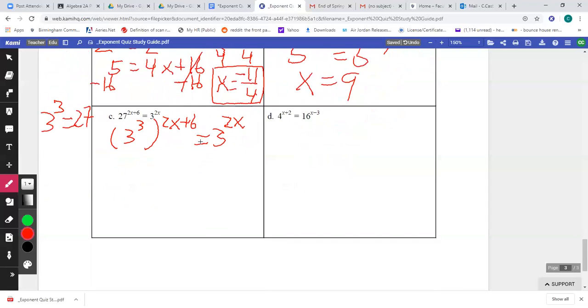I don't need to change the 3 on the right because it already has the same base. And so once again, I multiply the exponents. Now that the bases are the same, we just set the exponents equal to each other.